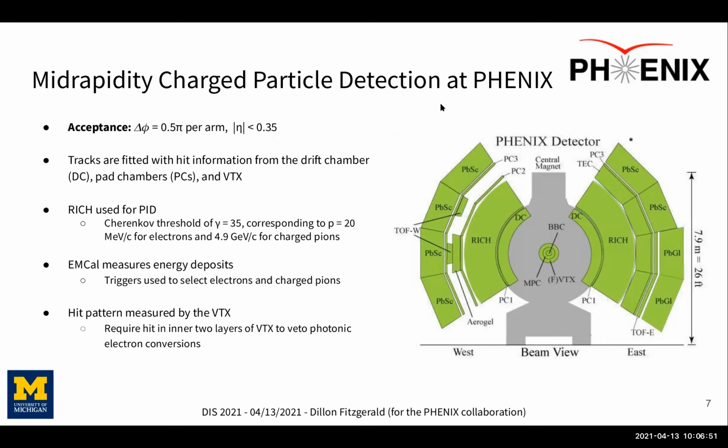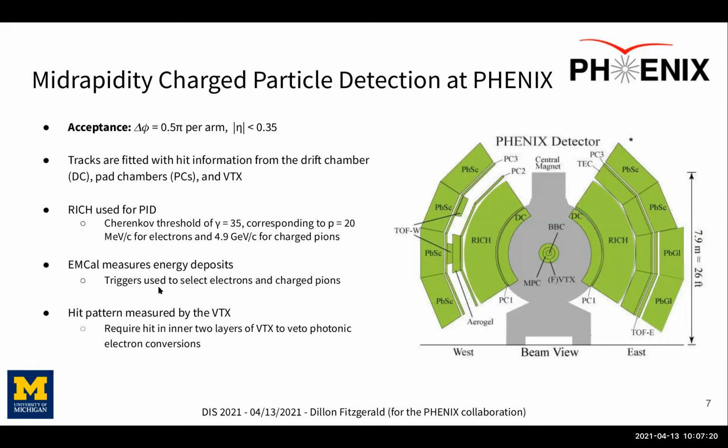The ring imaging Cherenkov detector is used for particle identification. It has a Cherenkov threshold of gamma equals 35, corresponding to a momentum of 20 MeV/c for electrons and 4.9 GeV/c for charged pions. This actually gives us quite a large momentum region where we have good e-pi separation, which is going to be very important for these measurements. In addition, the EM-Cal measures energy deposits. This was already nicely described in Nicole's talk.